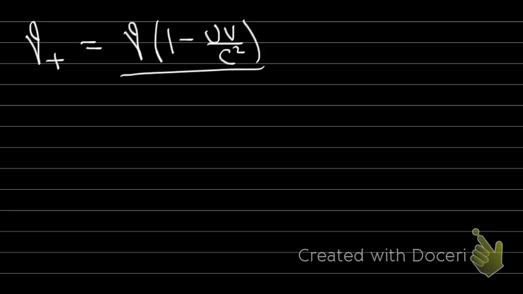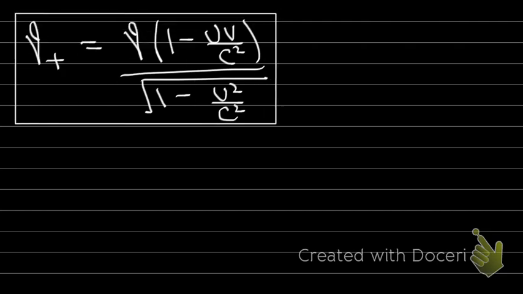So my gamma plus would be written as gamma times 1 minus uv over c squared over the root of 1 minus u squared over c squared. So this over here is my gamma plus. I have figured out what my gamma plus is, and again let me mention that u is the velocity of the charge q.